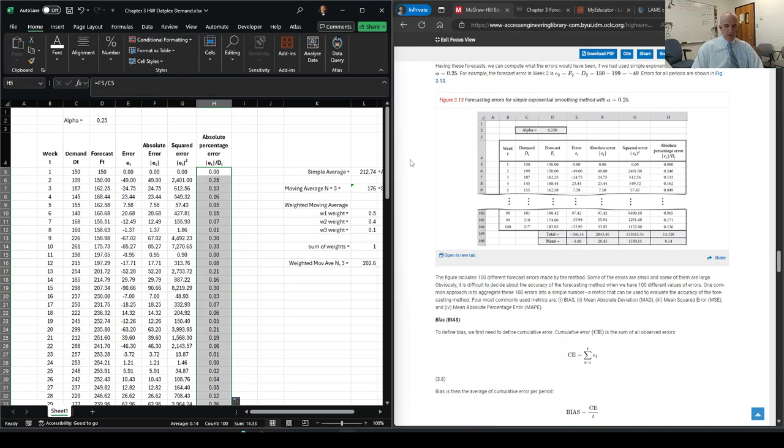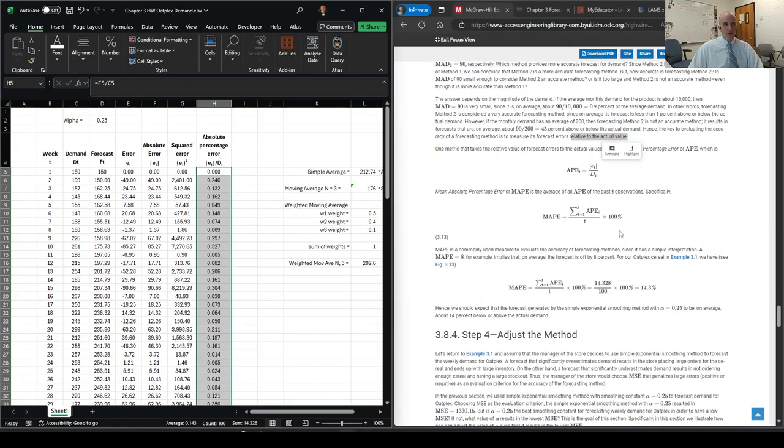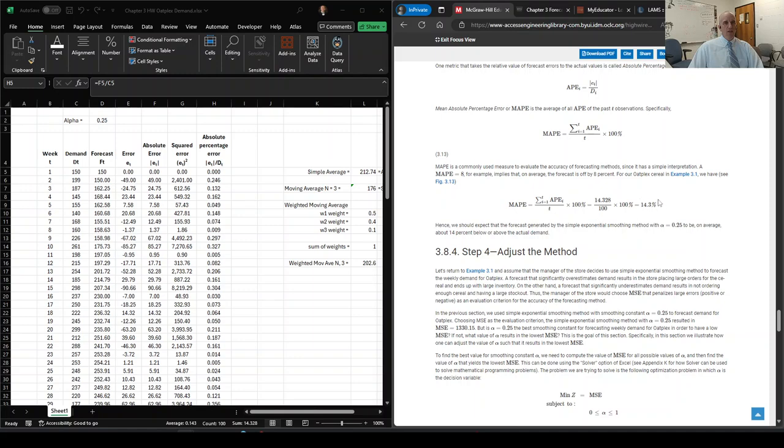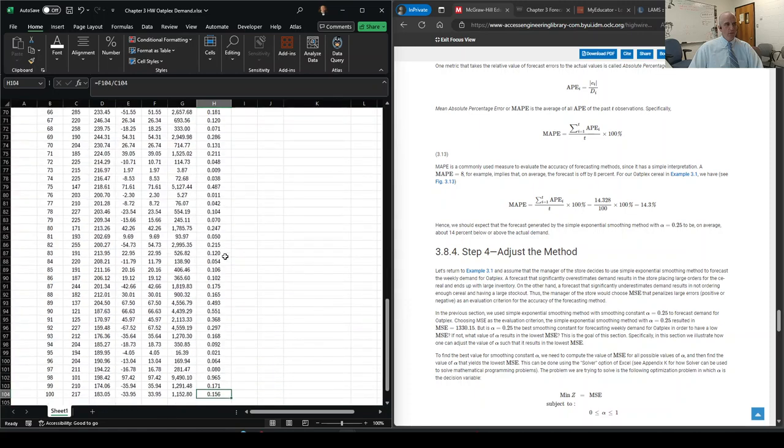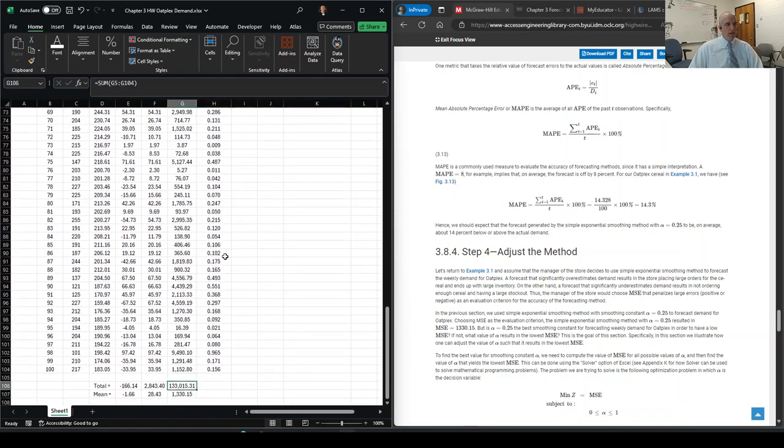It looks like the book has us going to 3 decimals, so I'll pull out to 3. 0.246, 0.132, 0.162. This is the absolute percentage error. So these are now relative to the demand, if that makes sense. If we scroll back down here at the bottom, we can find the total mean absolute percentage error by, again, calculating the total and the mean.